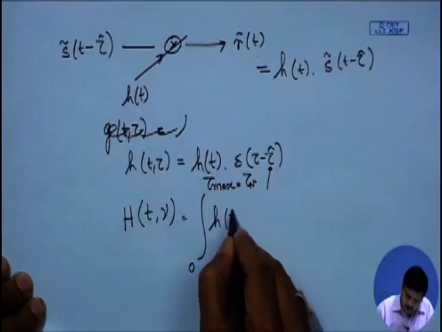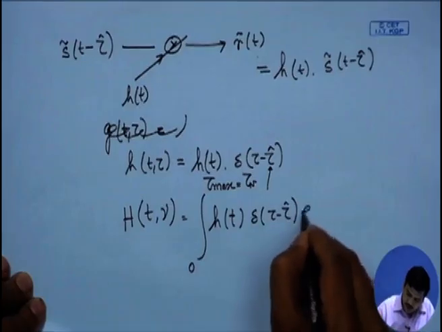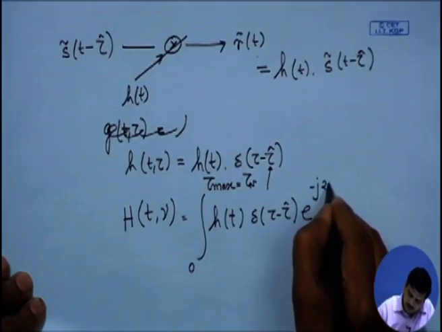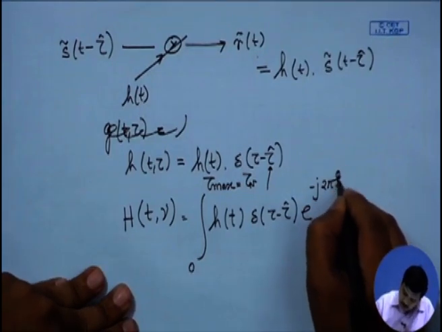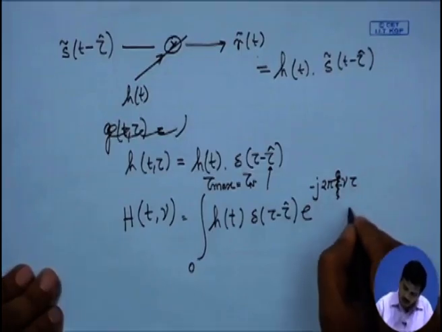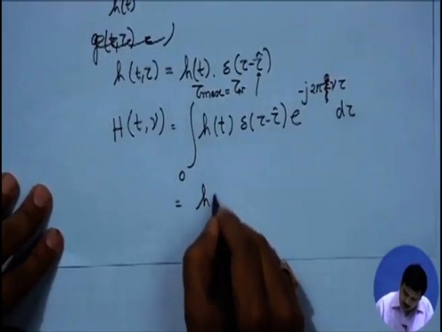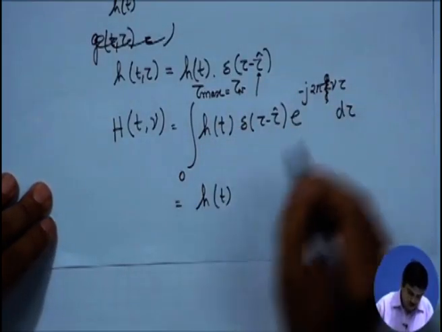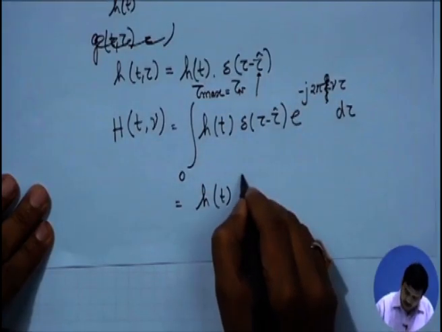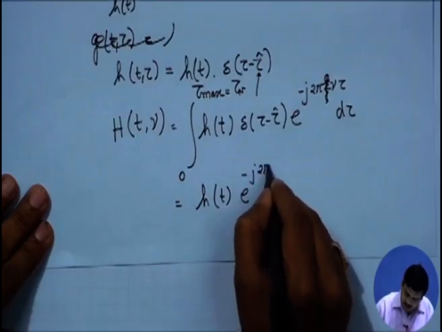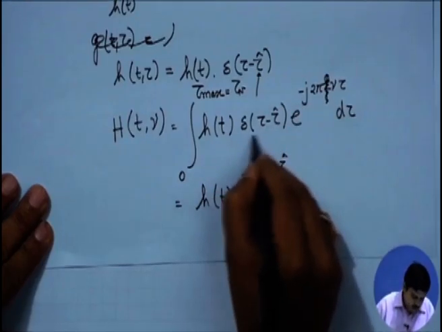So, we could have h of t, delta of tau minus tau cap, e to the power of minus j 2 pi nu tau d tau. This would result in h of t, because this is not dependent on any such expression, and this integration would result in e to the power of minus j 2 pi nu tau cap, this whole function being shifted by the delta function.